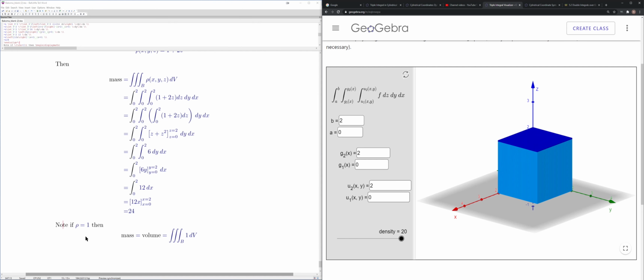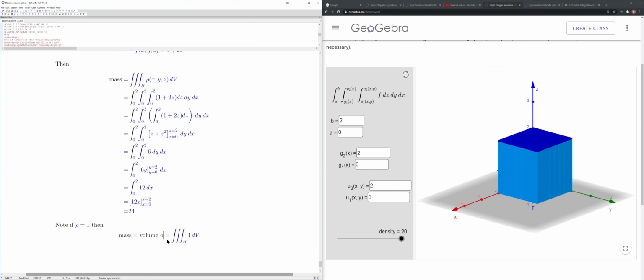If my density function is 1, then the triple integral of your function 1, where you're integrating over your solid region B, gives you the volume of the solid region B.